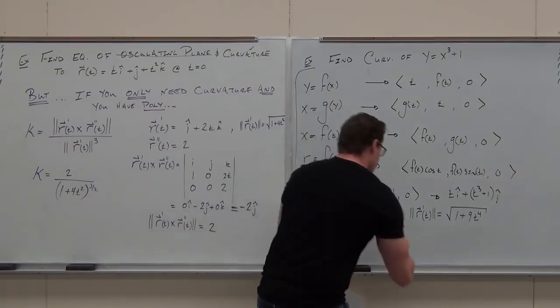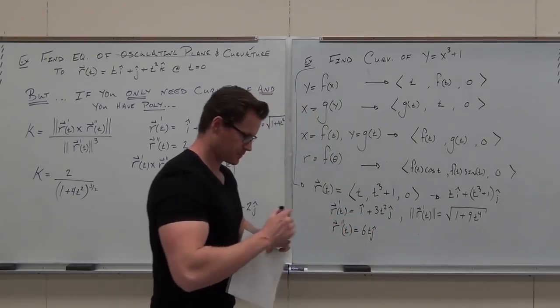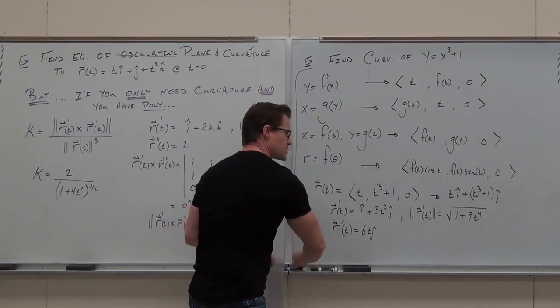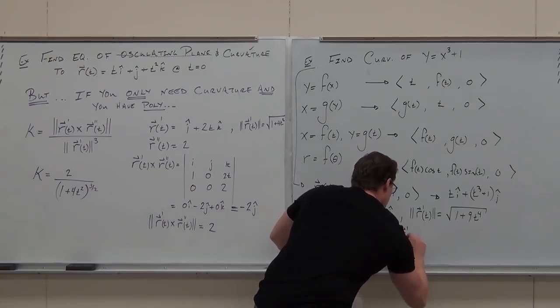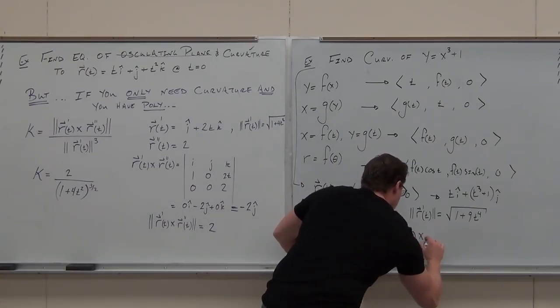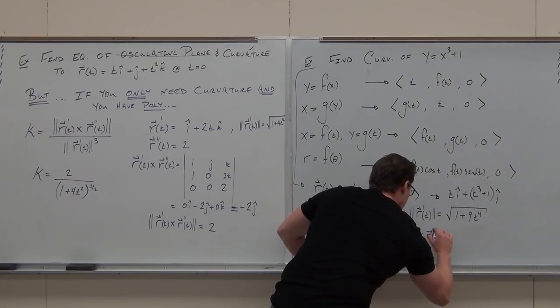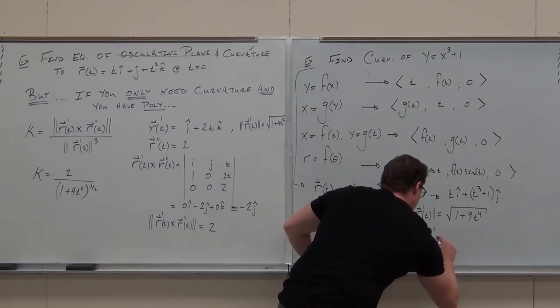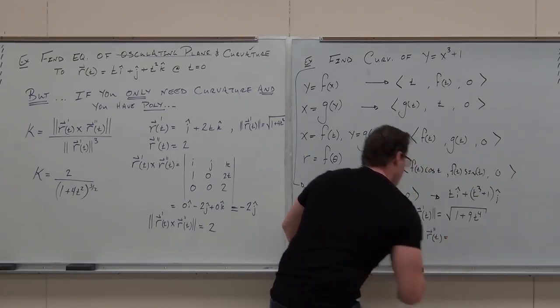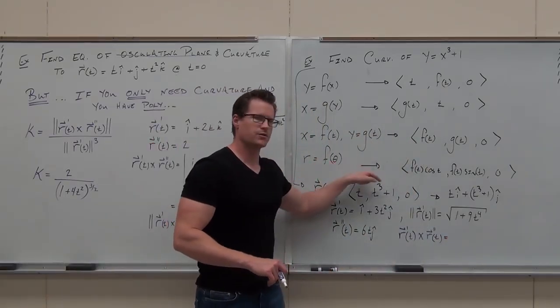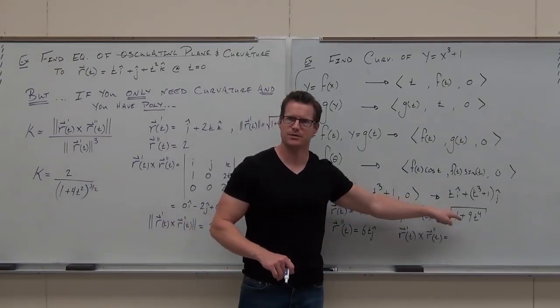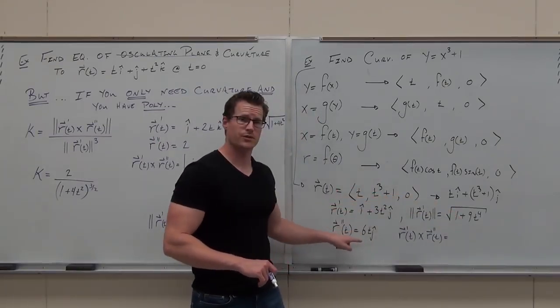If you do the cross product, I'm just going to have to give it to you, but if you do the cross product, I know you can follow this. Can you follow the magnitude? Can you follow the second derivative?